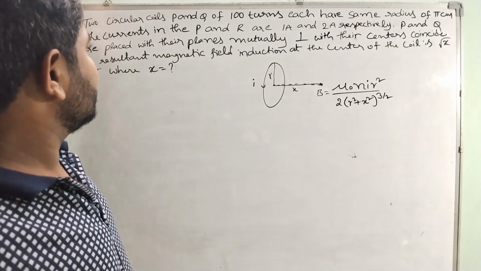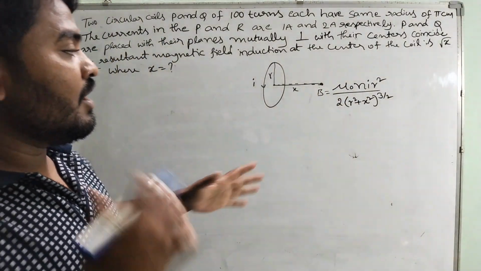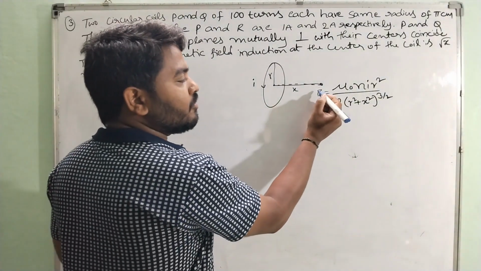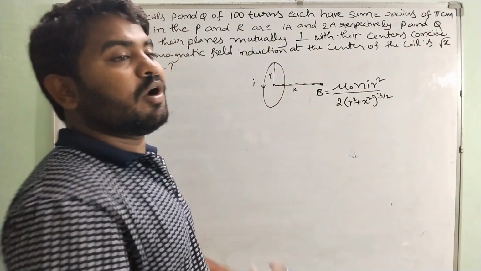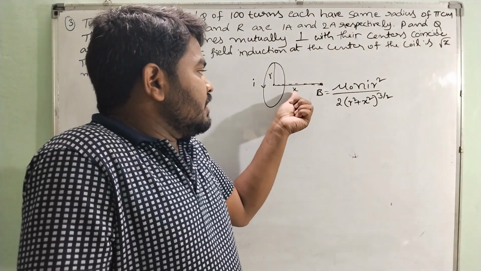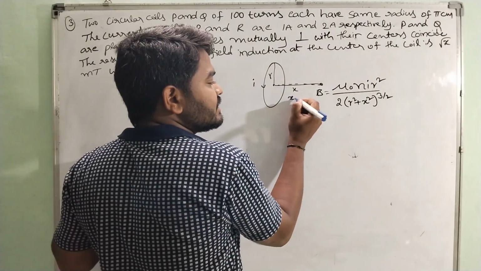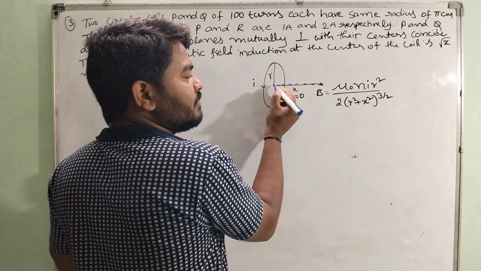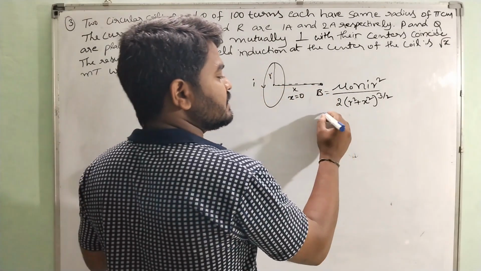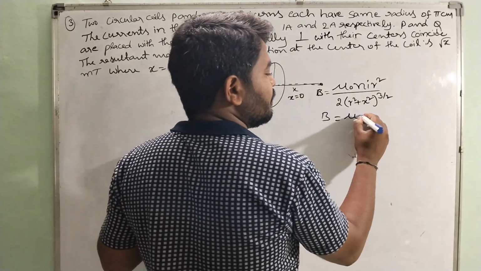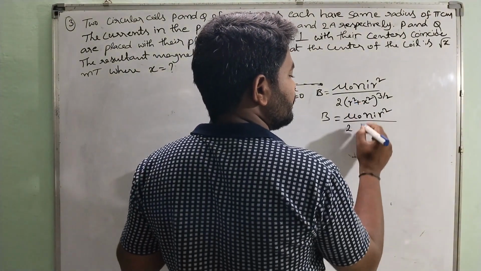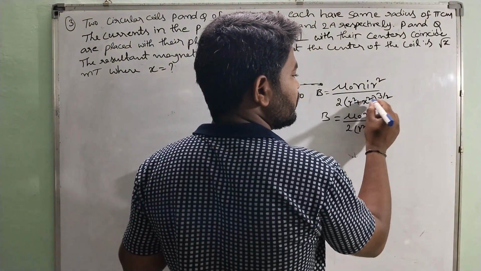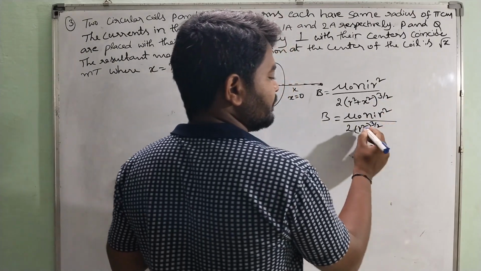Now what are they asking? If you want to find the magnetic field strength at the center, obviously you insert x equals 0. That means the point will be here. Then B equals mu naught N I r square by 2 into r square whole to the power 3 by 2.